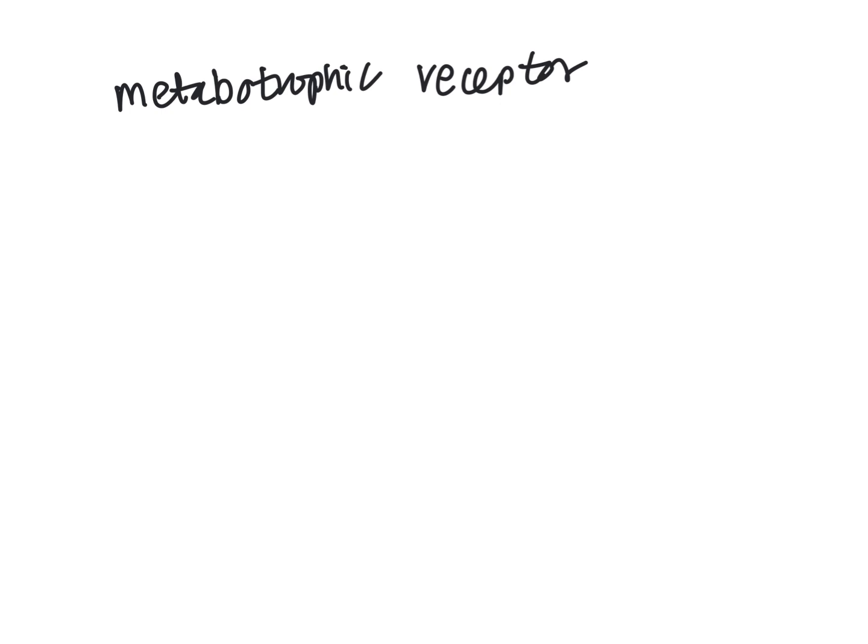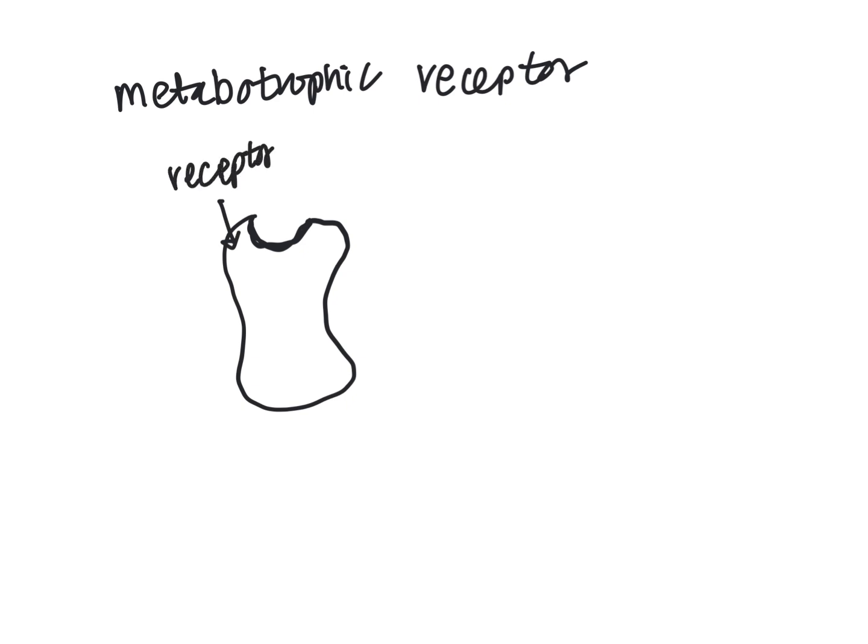Okay, another type of integral membrane protein receptor is called a metabotropic receptor. Okay, and here I'm going to draw my receptor so that it has an open ligand cave or a place to bind it, but no tunnel going through it. That's a protein.